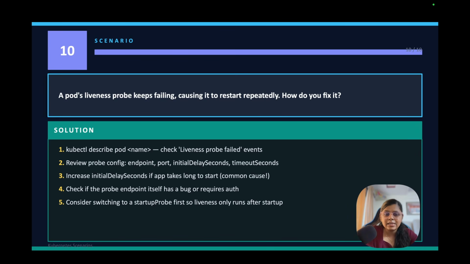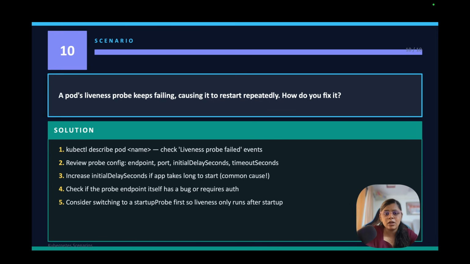Mostly such situations happen when the startup is not happening correctly, and we have not defined the startup probe and are just defining the liveness probe. So first define the startup probe once all the connections are set, and then we should go for the liveness probe.